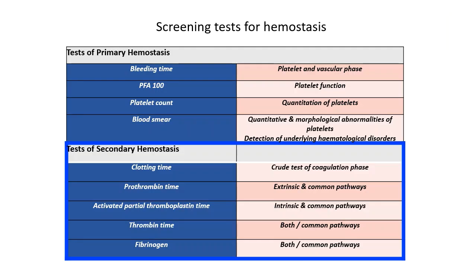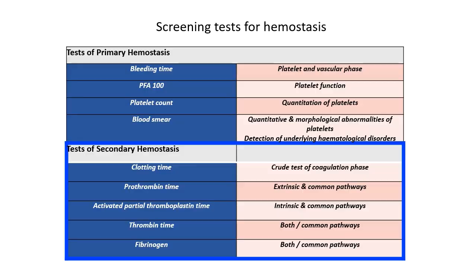So the screening tests of hemostasis, if I want to divide it into primary and secondary hemostasis: bleeding time, PFA 100, which has now replaced bleeding time, platelet count and blood smear are the tests for primary hemostasis, whereas a clotting time, which is again now a crude test which is no more done, a PT and APTT, a TT and fibrinogen, that is your prothrombin time, activated partial thromboplastin time, thrombin time and fibrinogen, are tests of secondary hemostasis.